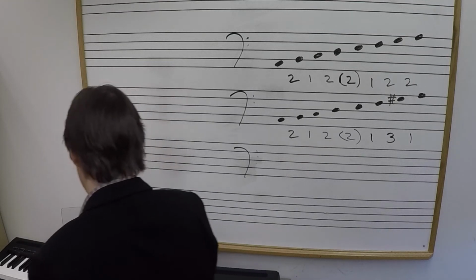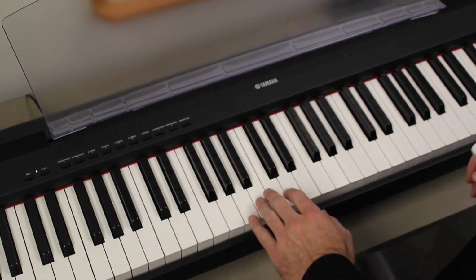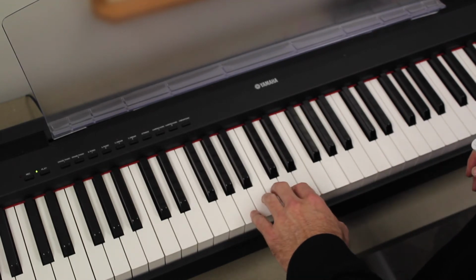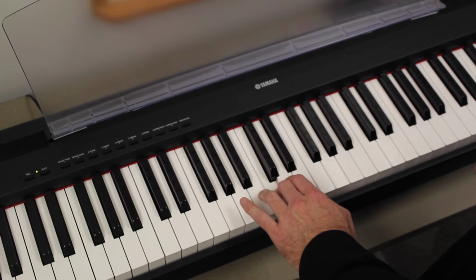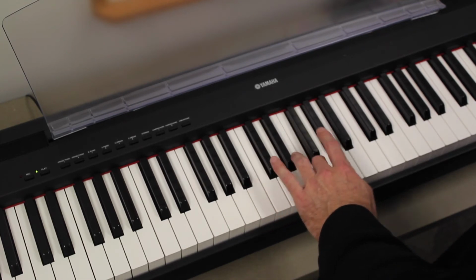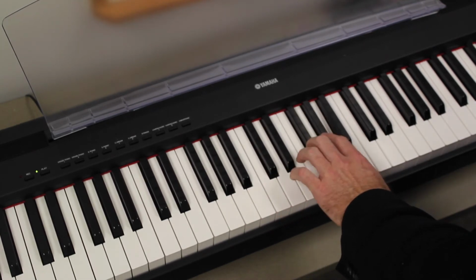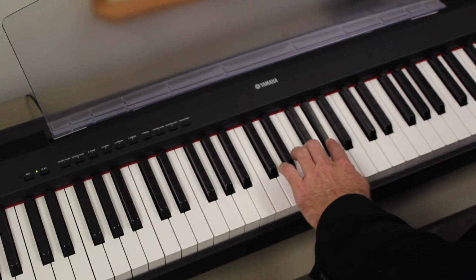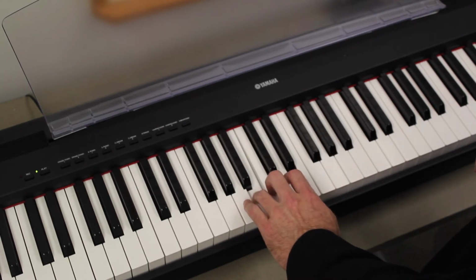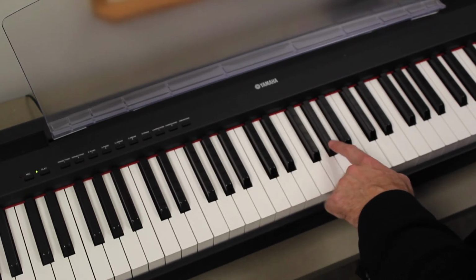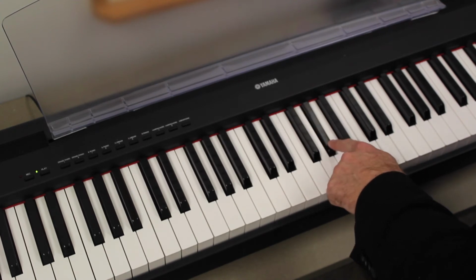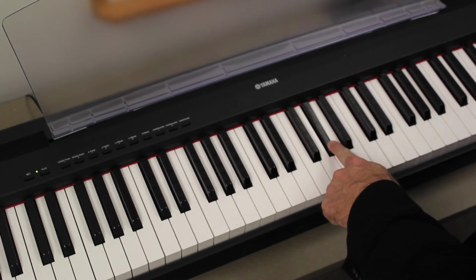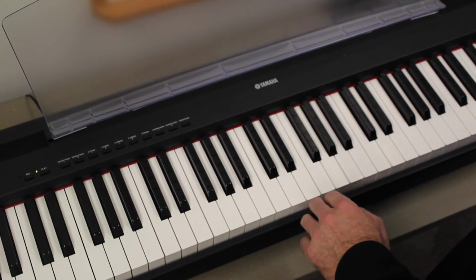If we look at this on the keyboard and what this sounds like, I'm going to play the same notes and then G sharp. And so it's that note going from G to G sharp that changes this scale and makes it harmonic minor.